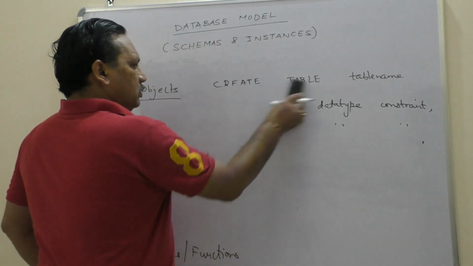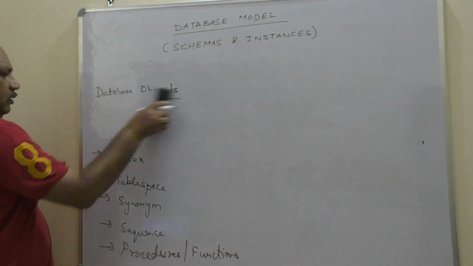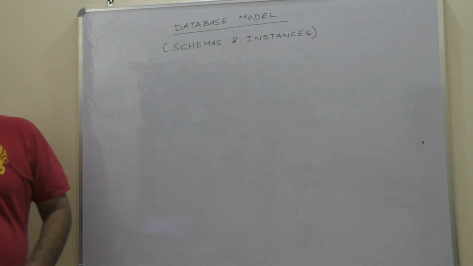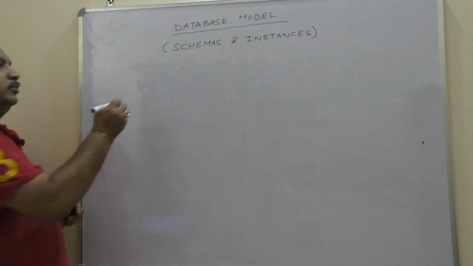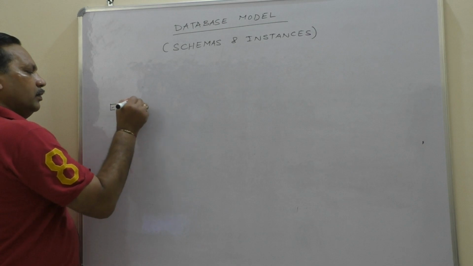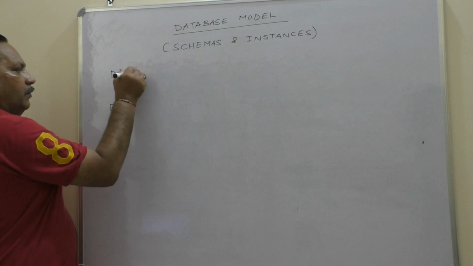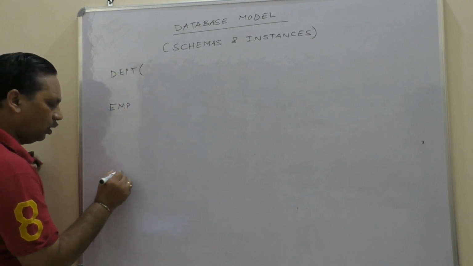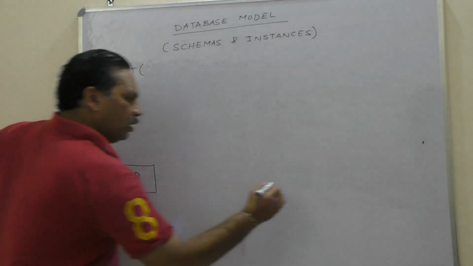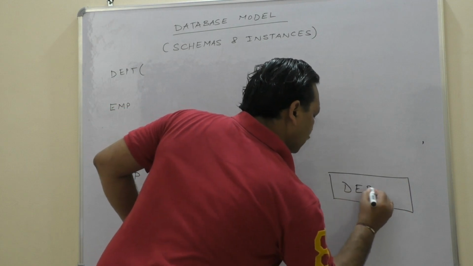Now, let me give you a very simple example. You know that there is a table, say employee, and there is another table, department.